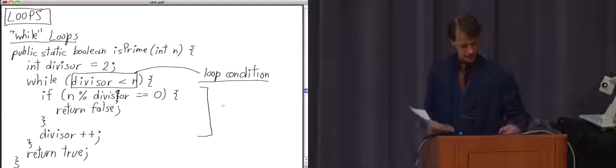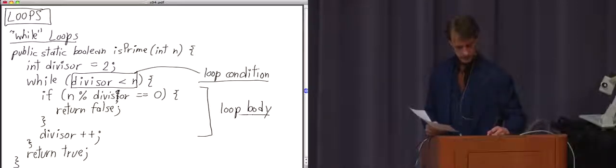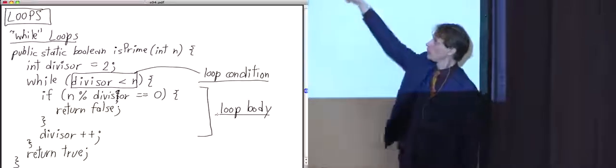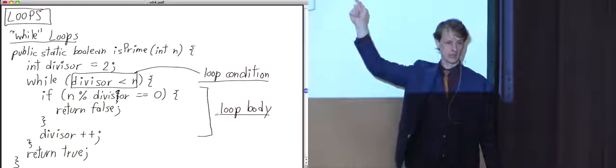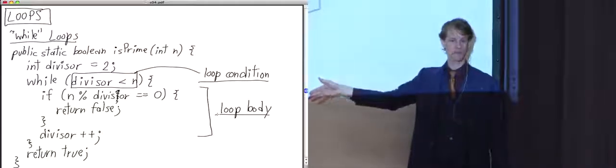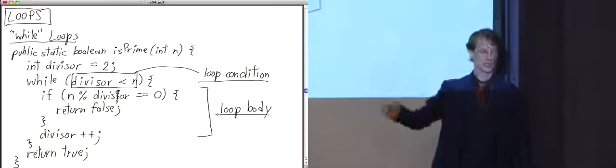And so this stuff here is called the loop body. Inside braces. So if the loop condition is true, we go ahead and we execute the loop body. And when we get to the end of the loop body, we go and we test the condition again. And if the condition is still true, we jump back and do the loop body again. And then we test it again, and we keep looping until the loop condition is false.